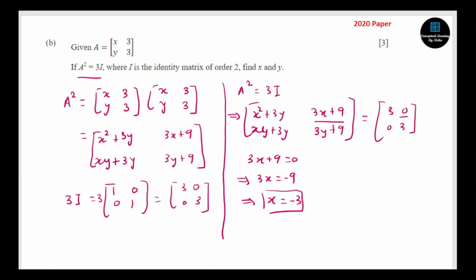In the same way, 3y plus 9 equals 3. So 3y equals negative 6 and y equals minus 2. So I got the values of x and y, and we had to find that. Perfect. Alright.